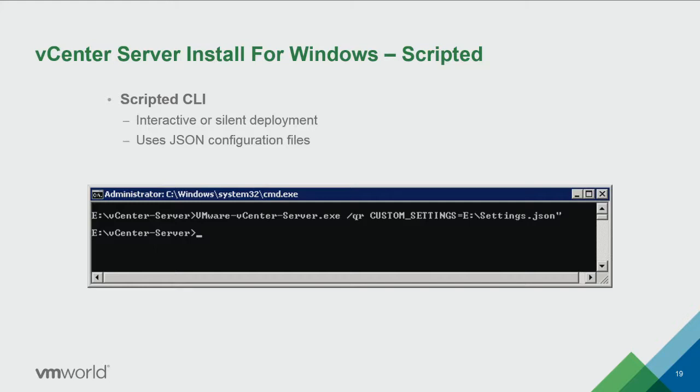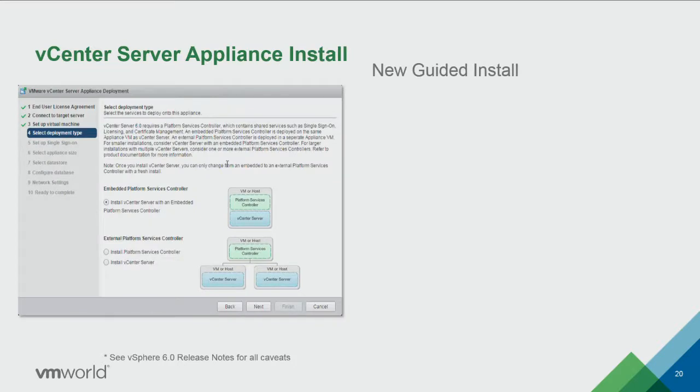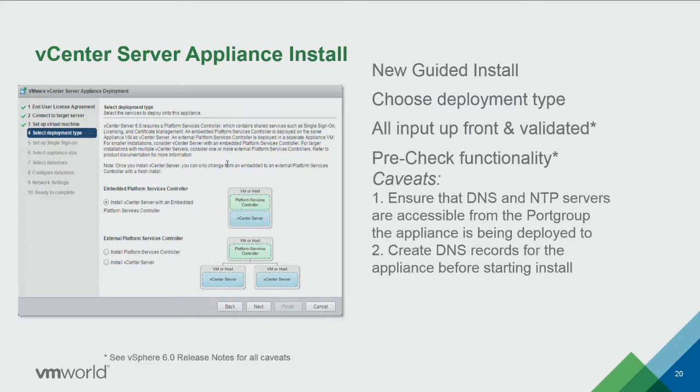Okay. So from an appliance standpoint, the interface has changed. It's become similar to what the Windows install is. The workflow is similar. Here again, you choose the deployment type, either embedded or external. And then we validate all the input up front, and we have a lot of pre-check functionality.